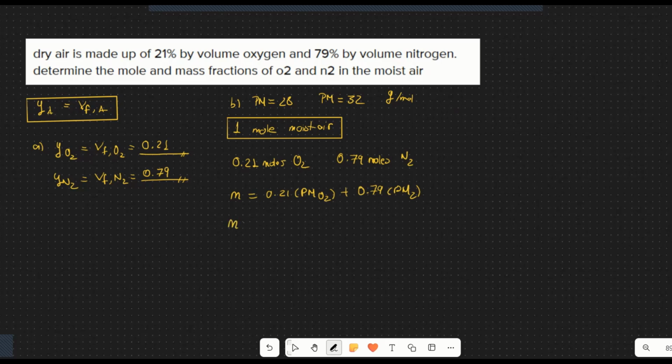So this gives us 0.21 times the molar mass. Well, let's have the units for the dimensional analysis, and we have 0.21 moles and 32 grams per mole plus 0.79 moles for nitrogen, and we have a molecular weight of 28 grams per mole.